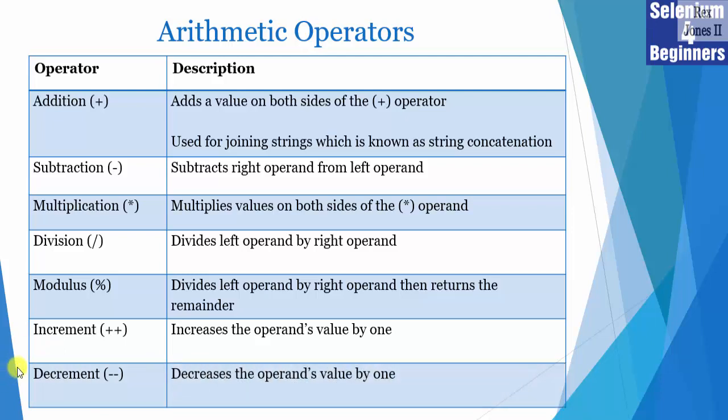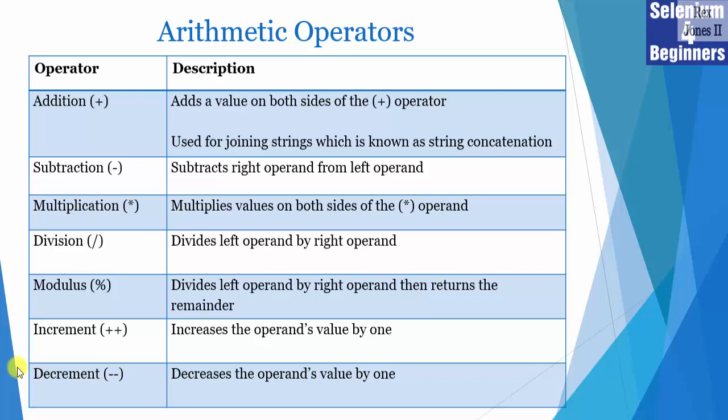We can use the increment and decrement operators as pre or post. Pre-increment and pre-decrement place the plus or minus symbol in front of the variable name. Post-increment and post-decrement place the plus or minus symbol after the variable name.